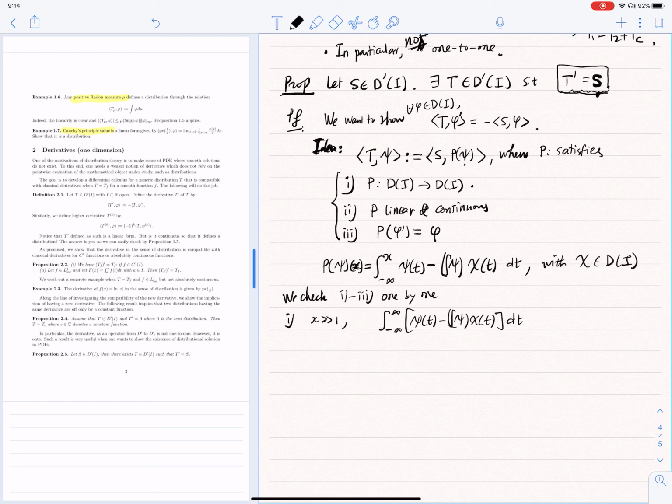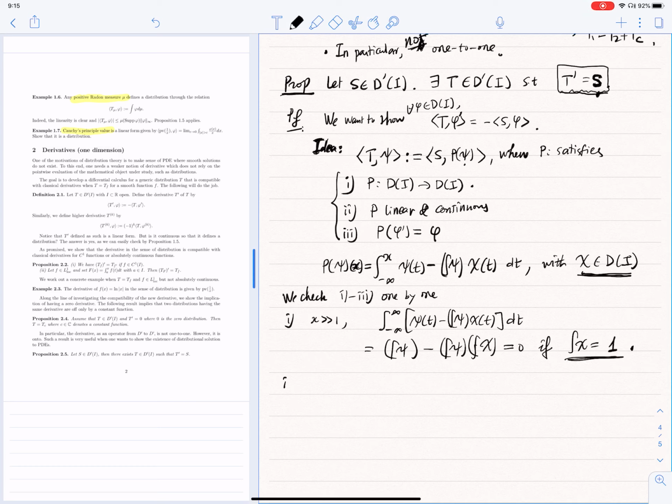And this is nothing but the integral of psi minus the integral of psi times the integral of chi. And for that to be 0, we should impose the condition that the integral of chi is equal to 0. It's equal to 1, sorry. It's equal to 1. And this is the second requirement, actually, for the chi function. Chi is the test function satisfying this property.